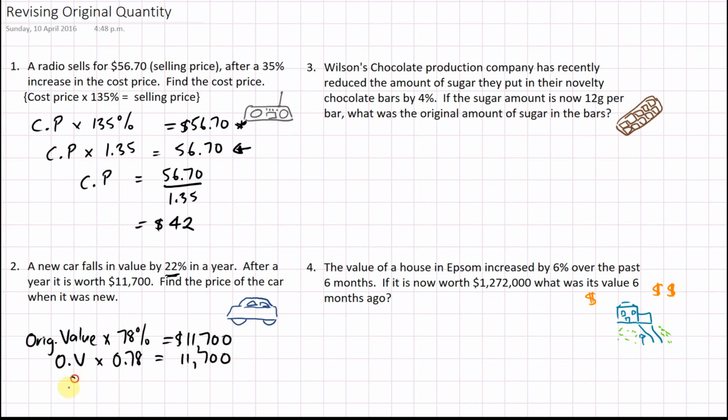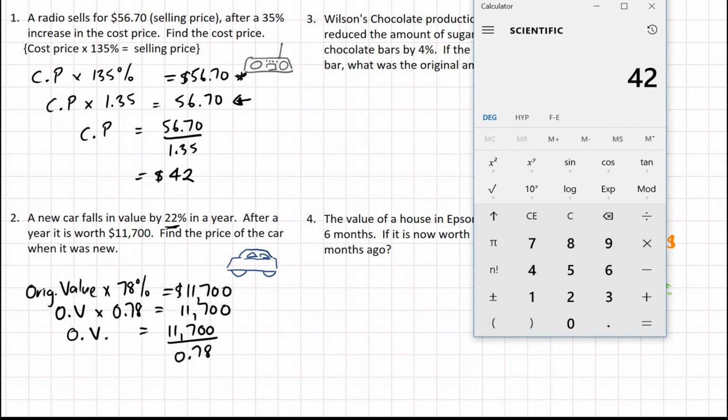So we can see here, a little bit of algebra, original value equals 11,700 divided by 0.78. That gives 15,000.